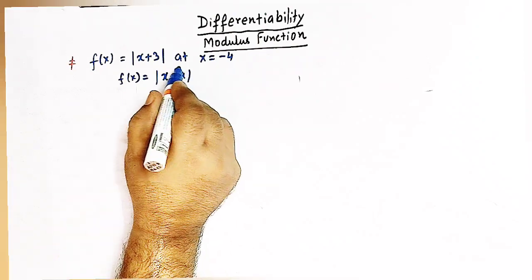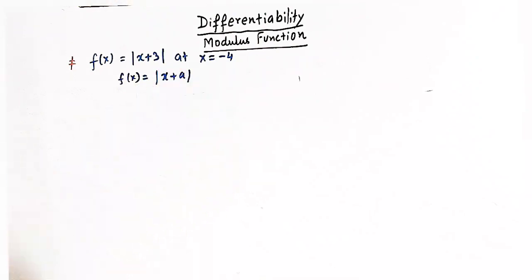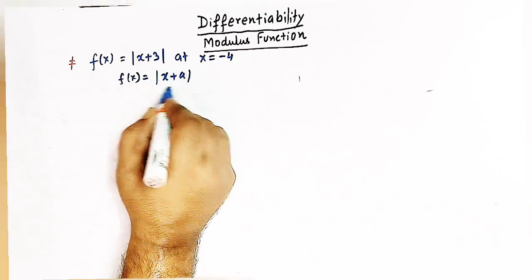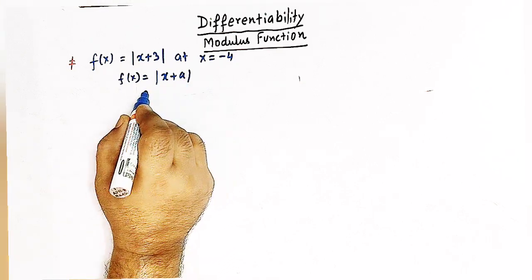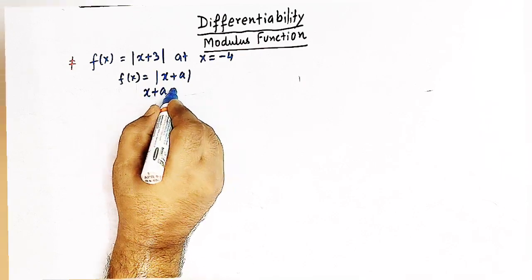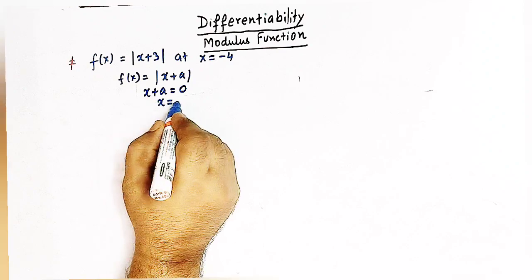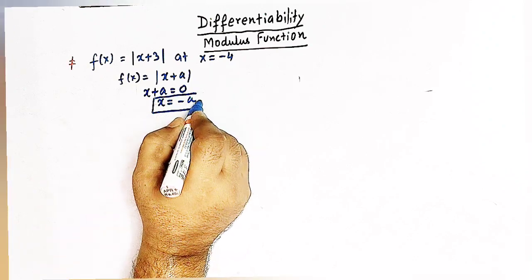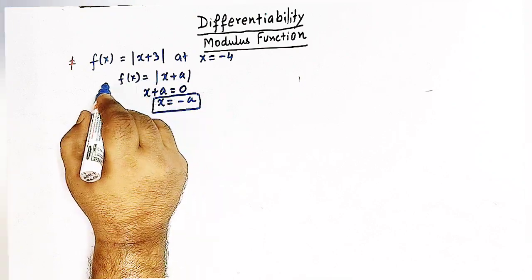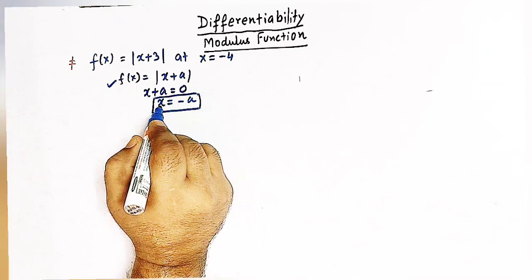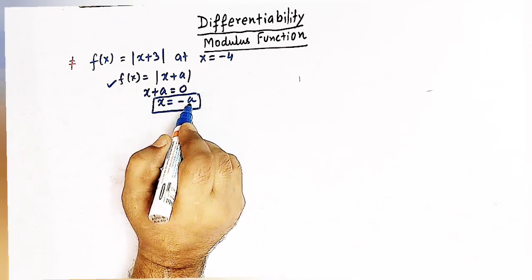This mod function is continuous for all values of x, but it is not differentiable at the point where x plus a is equal to 0, that is x is equal to minus a. So at x is equal to minus a, this function is not differentiable, but it is continuous at this point.